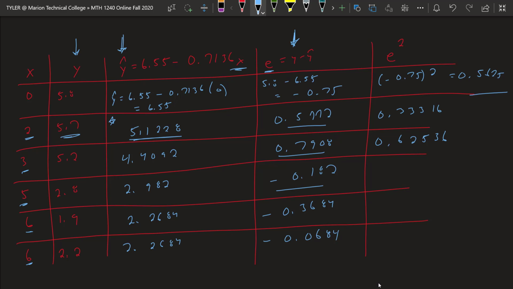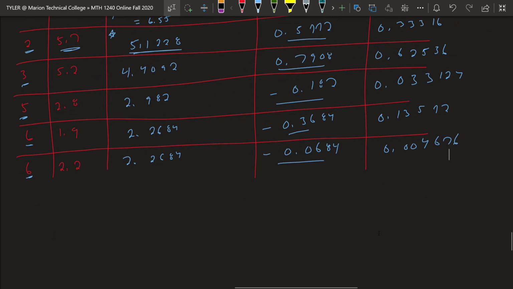Then take this number squared, you get 0.033124. Take this number squared, we get 0.13572, and then take this number squared, we get 0.004676.